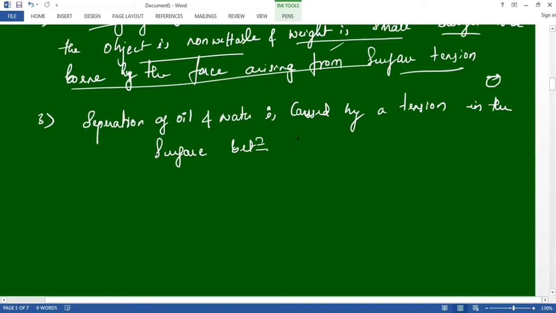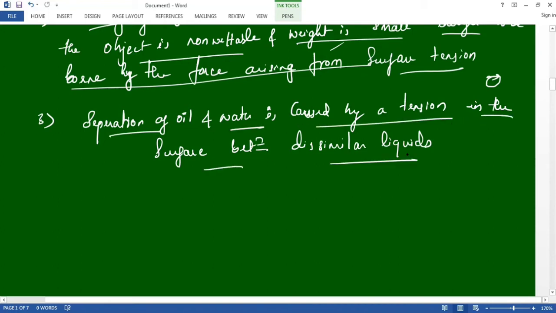Let us read once again the third point: separation of oil and water is caused by a tension in the surface between dissimilar liquids.